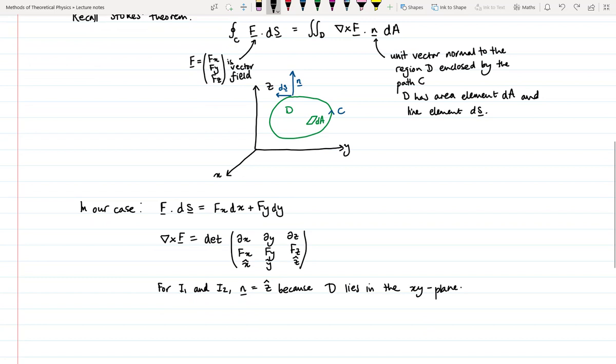For the case we're interested in, the right-hand side of Stokes' theorem therefore has the curl of f dotted with the unit vector n, which gives us the partial derivative with respect to x of fy minus the partial derivative with respect to y of fx.